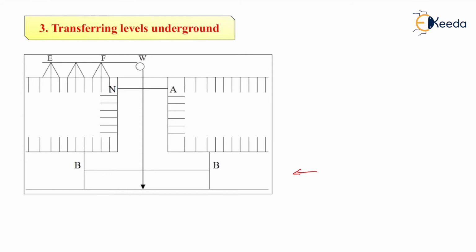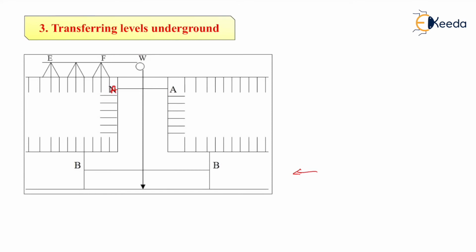Then two fine wires AA and BB are stretched horizontally at the top and bottom of the shaft respectively, as you can see over here. The steel wire lowered into the shaft is so adjusted that it is in contact with both the wires AA as well as BB.